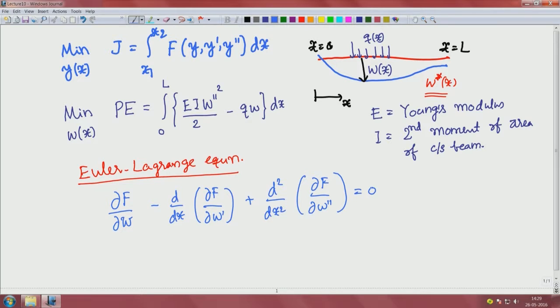That is a differential equation. Our f is this.